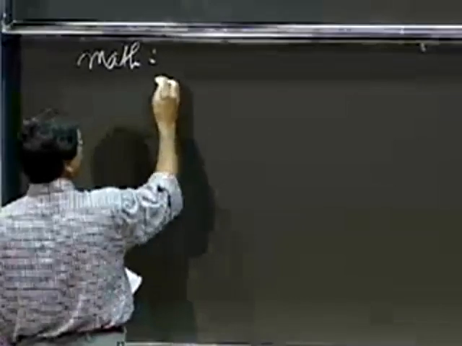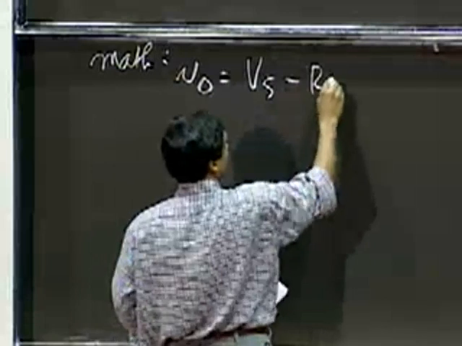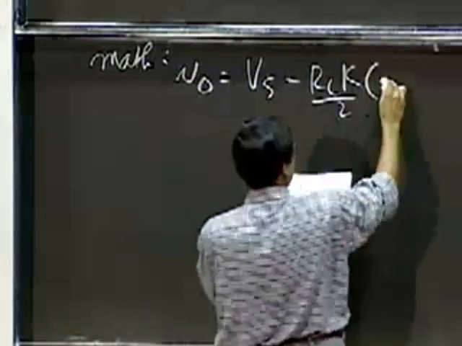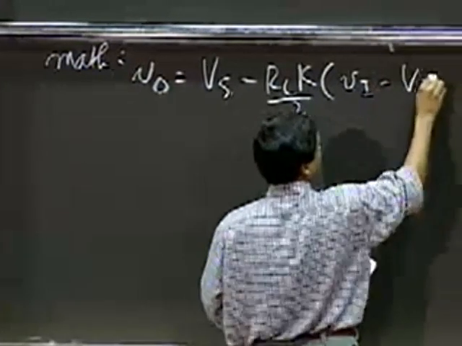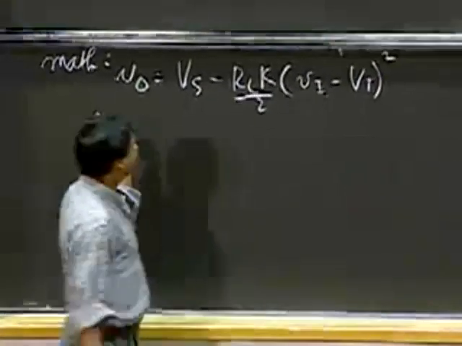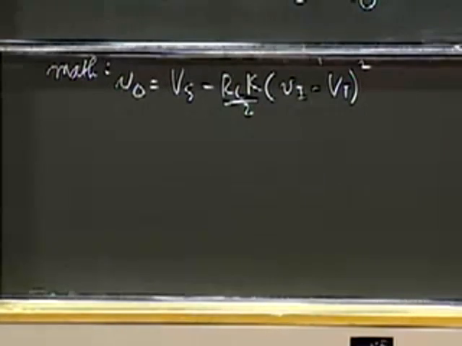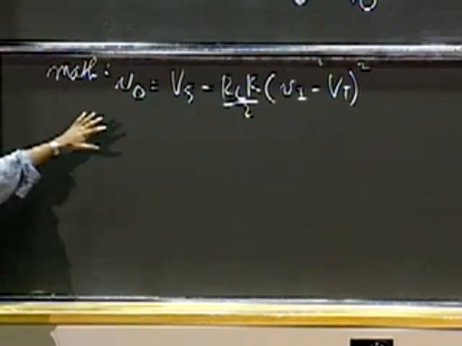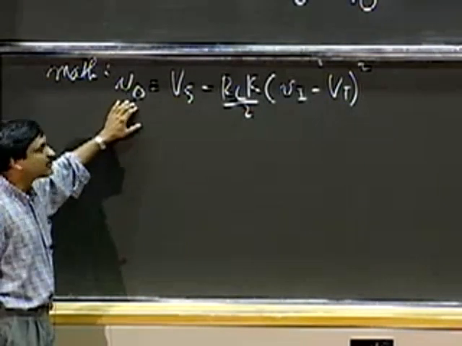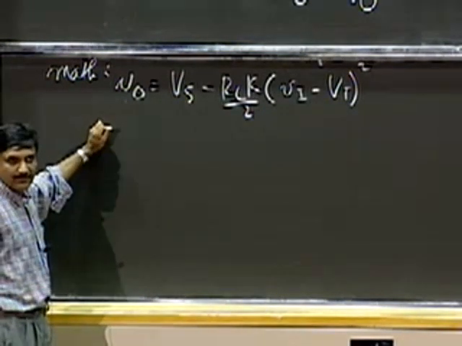We know, to begin with, that VO for the amplifier is VS minus RL K divided by 2 times (VI minus VT) whole squared. Much as I did for the LED, what I'm going to do is derive the output as a function of the input when the input is very small.